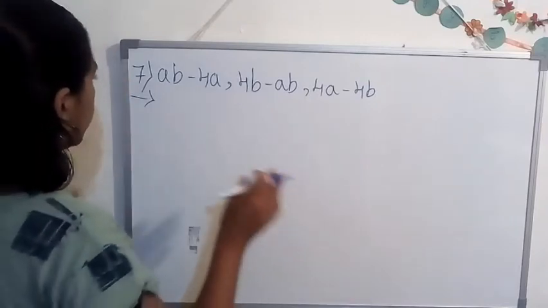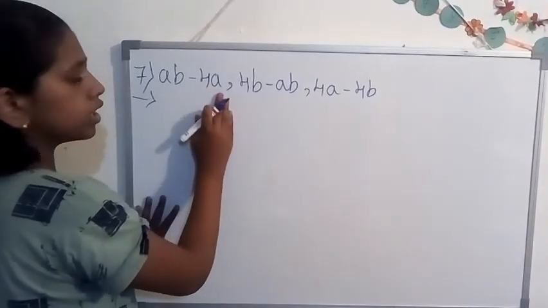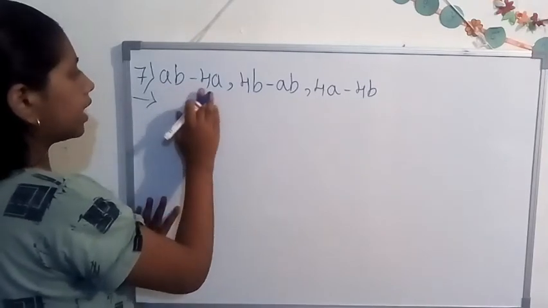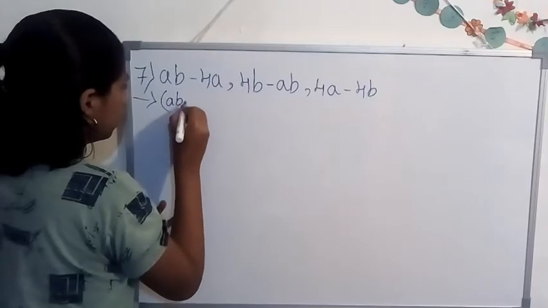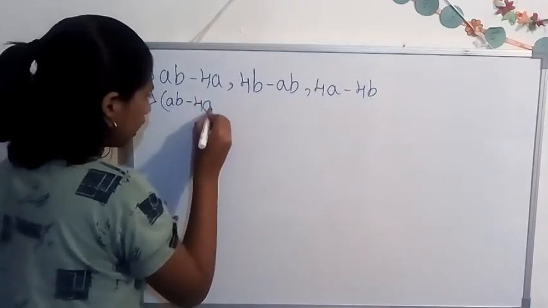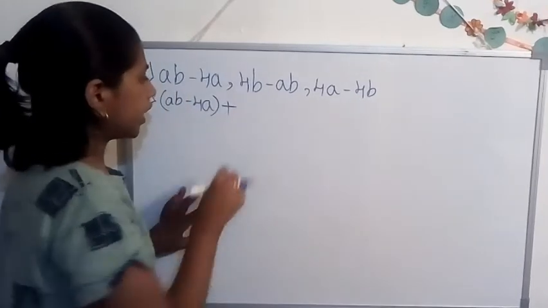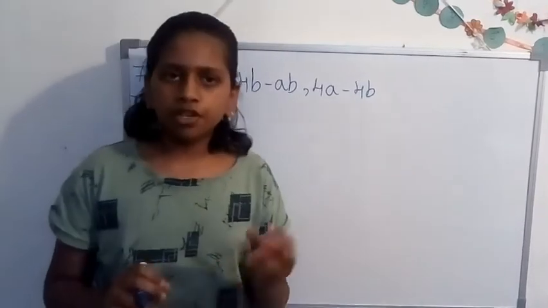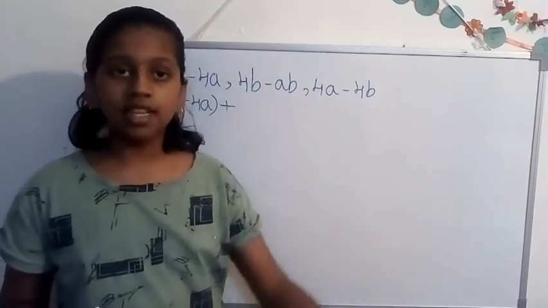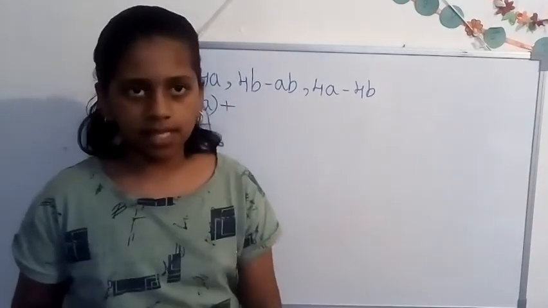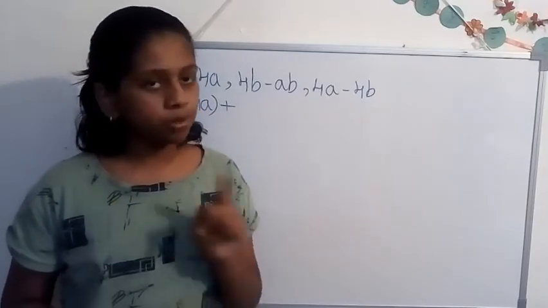So first we are going to divide it into three parts, and the first expression in the bracket is AB minus 4A. So (AB minus 4A). Here if any mathematical operation is not there before any variables or constants, it is considered as plus. If there is minus, it should be minus only. We should not put plus there.